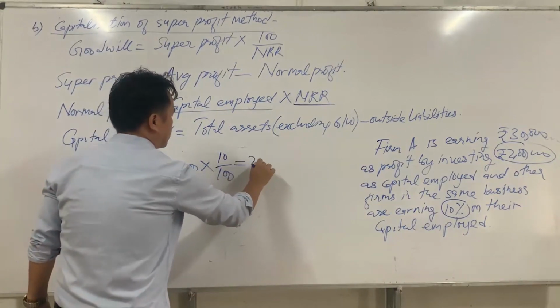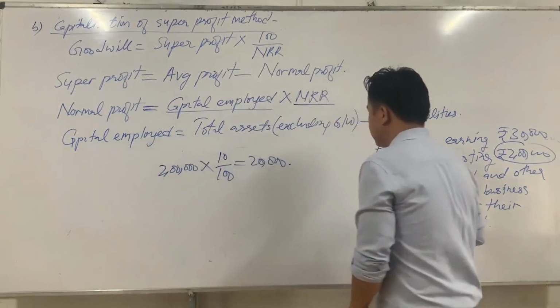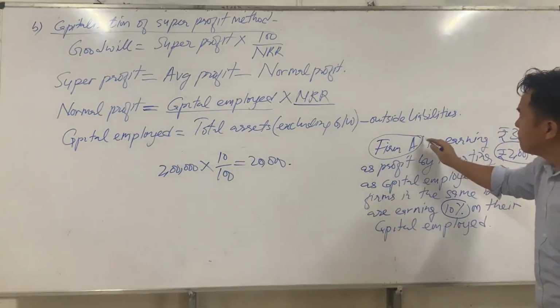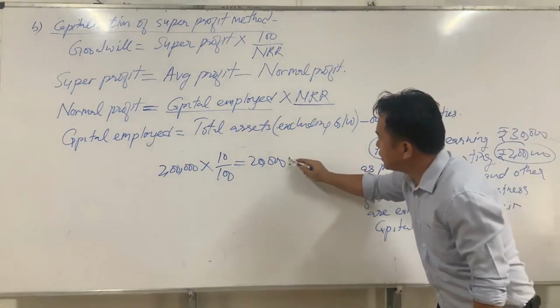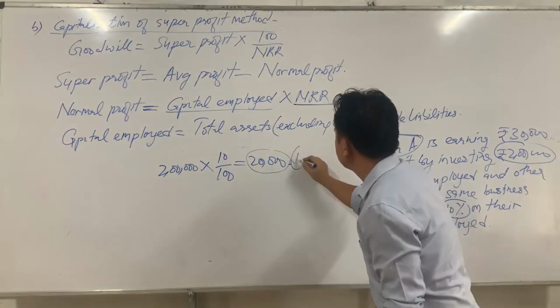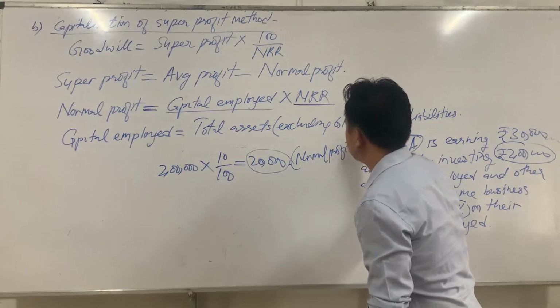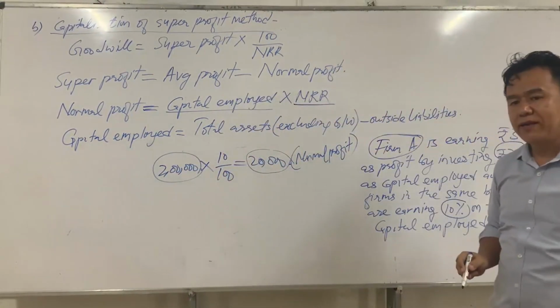So how much we got here? 20,000. Which means firm A, like I said before, is supposed to earn rupees 20,000 as normal profit on the basis of capital employed.